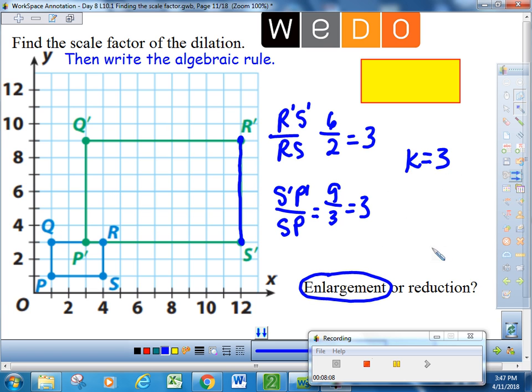And my algebraic representation, go ahead and write up an algebraic representation. Okay, you should have written up xy becomes 3x, 3y.